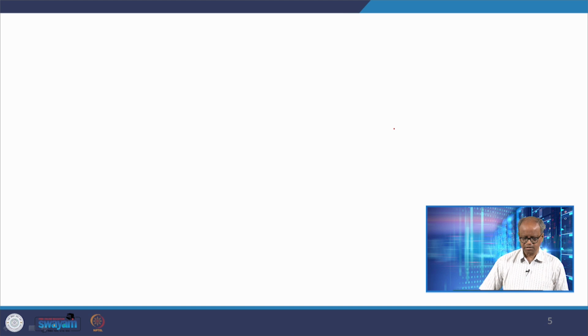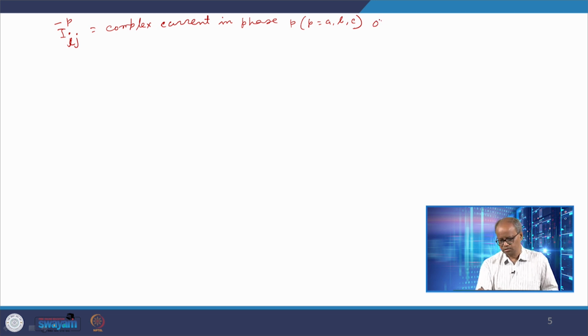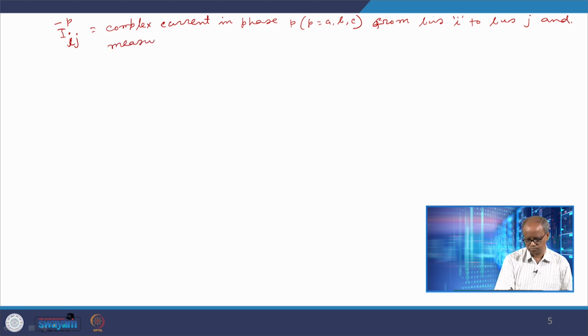So, let us define that I IJ P is the complex current in phase P, P is of course ABC, over the line from bus I to bus J, and it is measured at bus I. That is important.